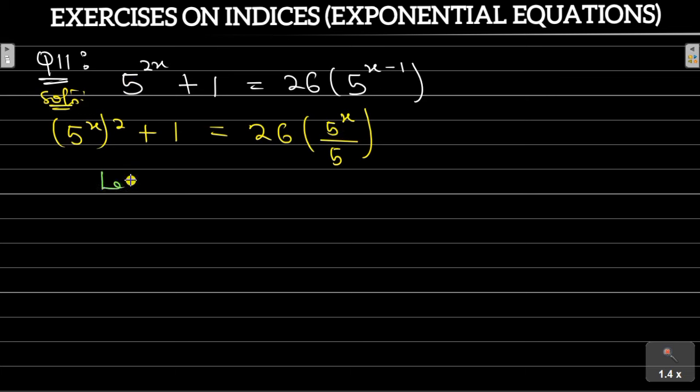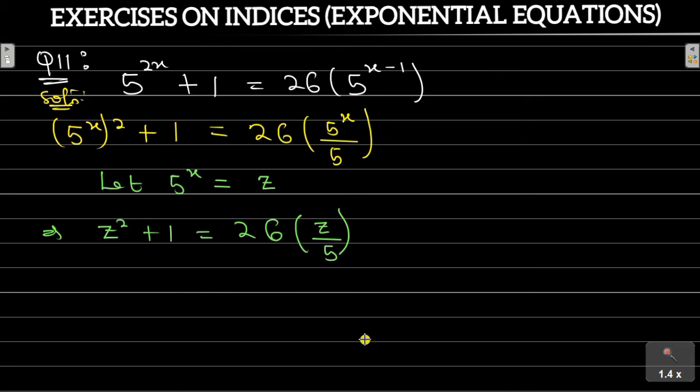So we now let our 5 raised to the power of x be equal to, what variable will I use now? Let me use z. I think I've used many others. If we put z here, we'll have z squared plus 1 is equal to 26 into the bracket of z, which is 5 to the power of x, all over 5.